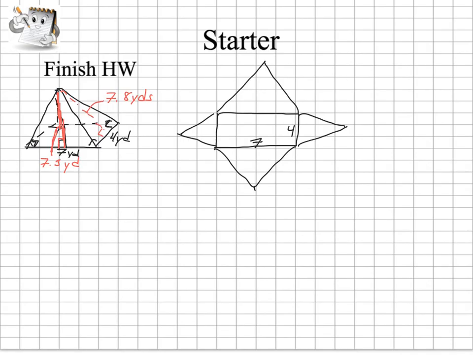I know my triangles don't look congruent opposite each other, but we will say they are. This slant length here was 7.3 yards, and this one here was 7.8.